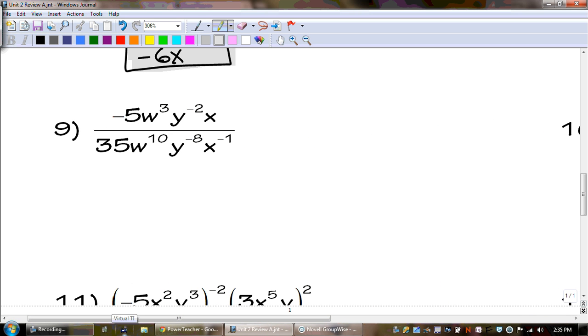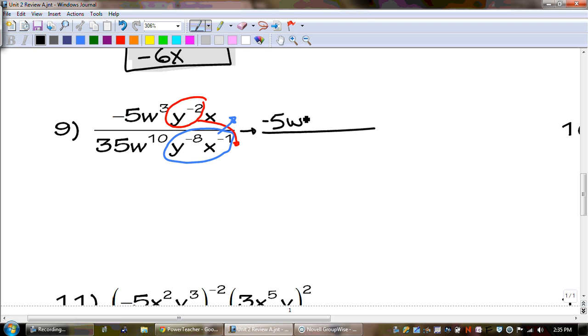Okay, so number 9, I see a lot of negative exponents, so that's going to be the first thing that I do. Now, if your exponent, remember just the exponent, if the exponent's negative, we drop it like it's hot. If it's already on the bottom, we bring it to the top. But if it's a negative number, the negative number stays. And then we moved a y to the 8th, x to the 1 up, and there's also an x up there.